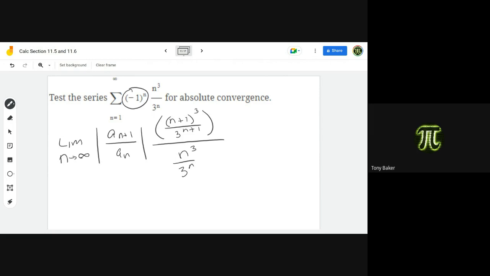All right, so now we've got this mess that we've got to clean up. When I'm dividing fractions, how do I do it? Keep, change, flip. So I've got n plus 1 to the third over 3 to the n plus 1, times 3 to the n over n to the third.